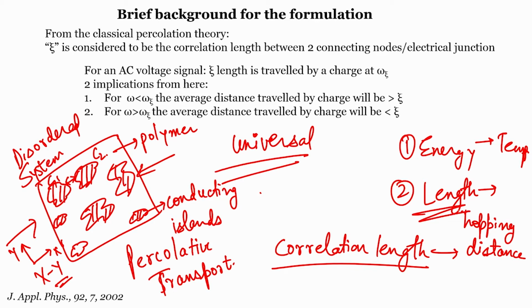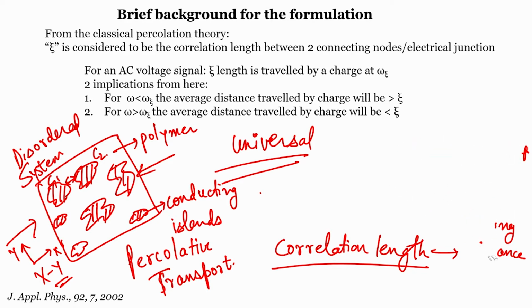If this length L is very large, then the charge cannot transport from this point to this point. Now very large is a very generic term and it varies from system to system, but let us talk in a general approach. Let us take that there is a correlation length for this particular system. We will stick to this system to understand this aspect.